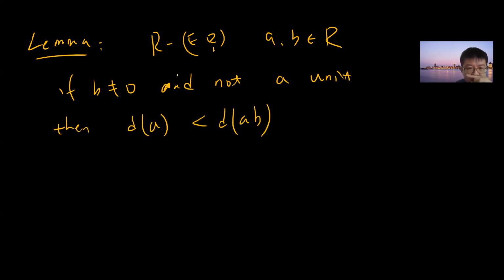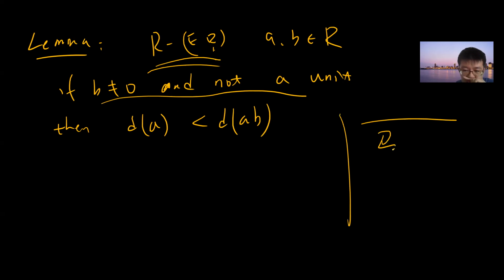So remember that when I defined a Euclidean ring, in general I said D of A is less than or equal to D of AB, right? But now it's strictly less than if B is not a unit. So you times any non-zero, non-unit element, it will give you something strictly greater. So you can see in the ring, if you times an element which is not plus or minus 1, then it must increase.